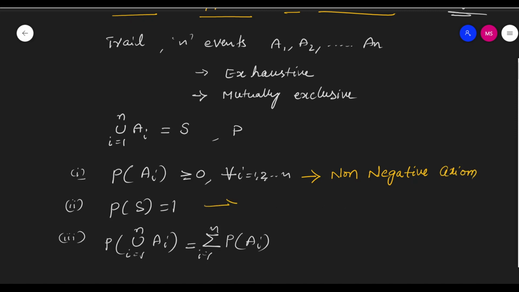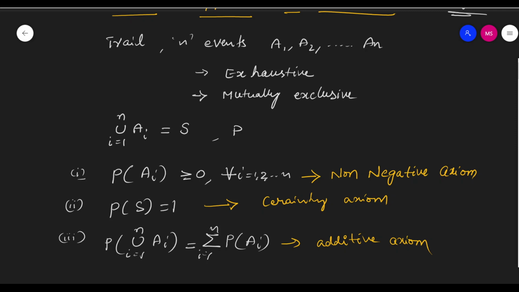And the second one is called the certainty axiom. And the third axiom is called the additive axiom. There are three axioms.